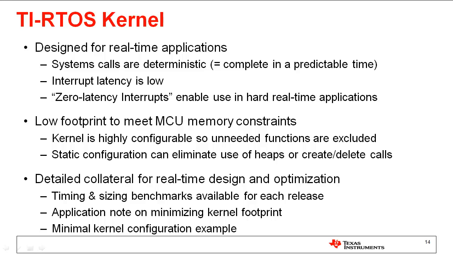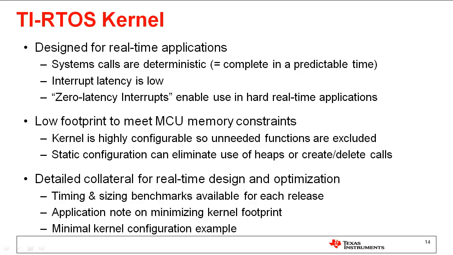We give you the type of information that enables you to make those informed decisions. In addition, we work very hard to keep interrupt latency as low as possible and disable interrupts for only short periods. And then finally, we also have a feature called zero-latency interrupts. So on our Cortex-M RTOS implementations, you can specify one or more high-priority interrupts to be completely free of any disabling by the RTOS if you have very, very hard real-time interrupts you need to respond to.